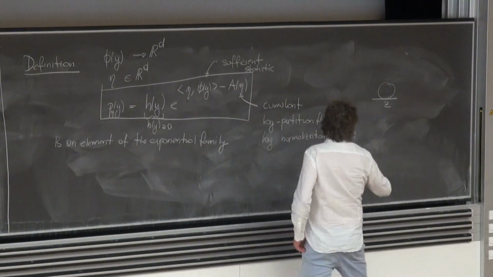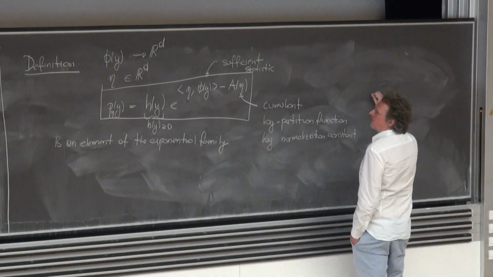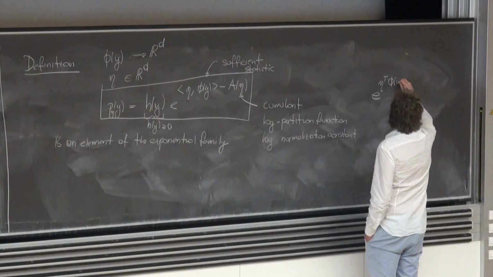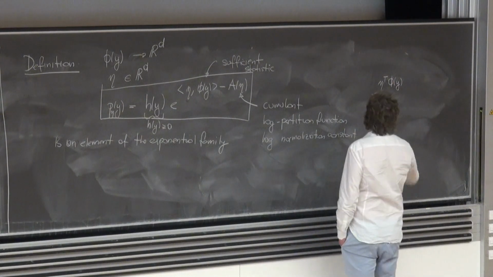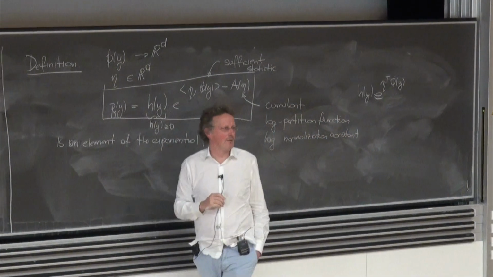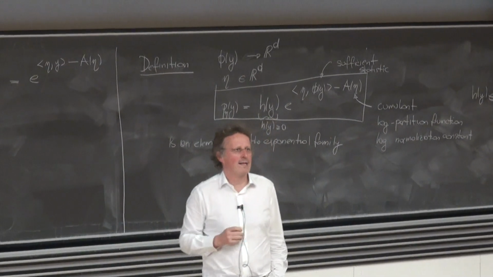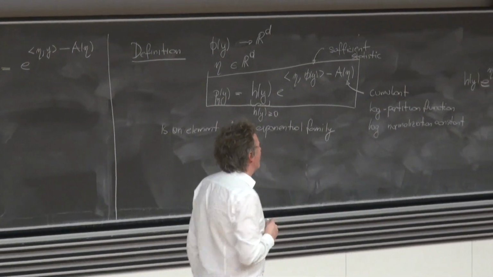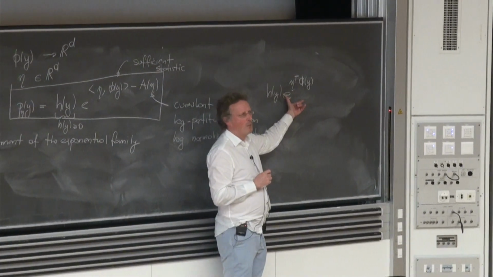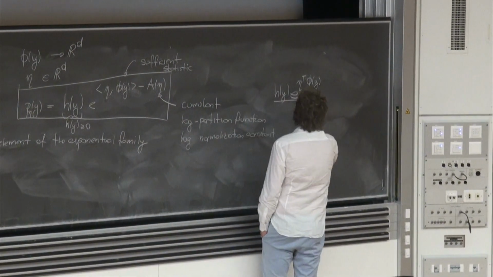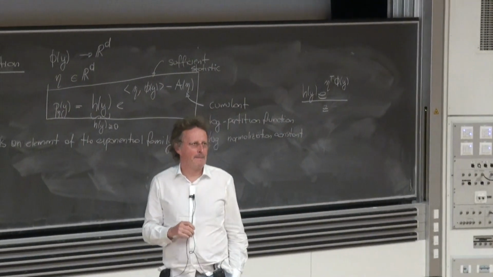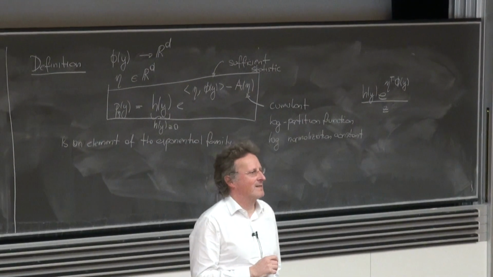So if you had written it in a different form, let me write it out. Maybe if you had written here e to the eta transpose times phi of y, and I had not written down the normalization, then in general, if you integrate it out over all values of y, or if y is discrete, if you sum it out over all values of y, that sum or integral in general will not be equal to 1, right? And so you will in general have to have this z, and for whatever reason, I have to blame the crazy physicists for it.